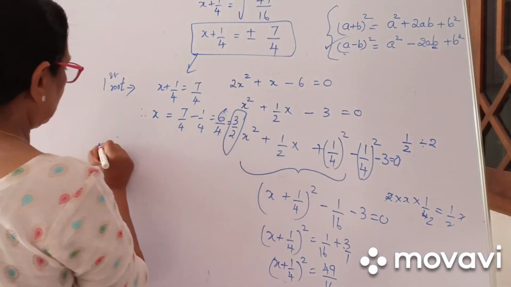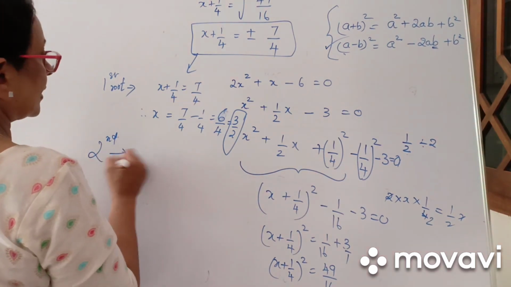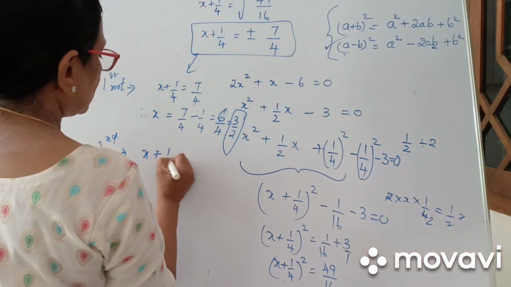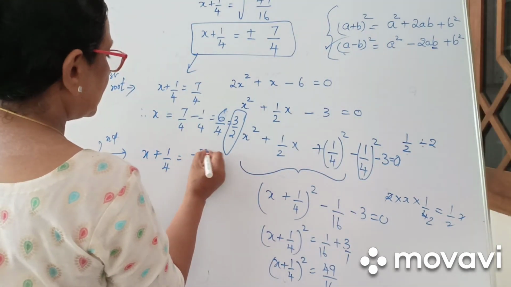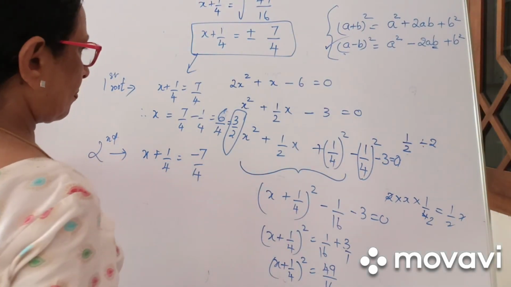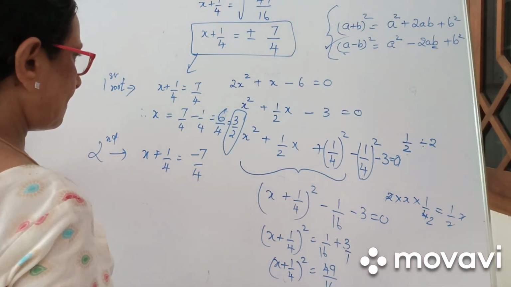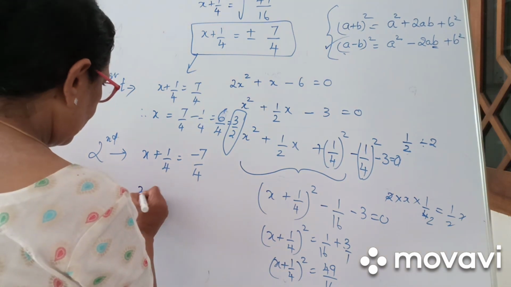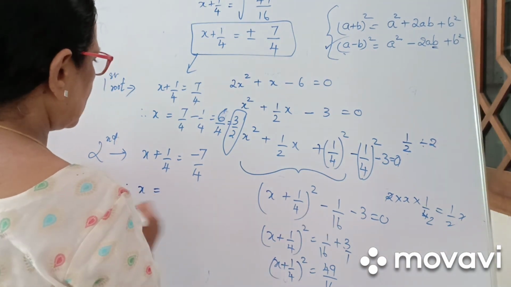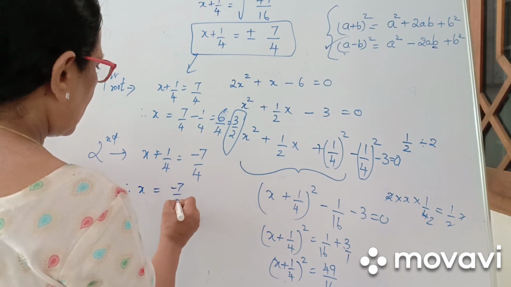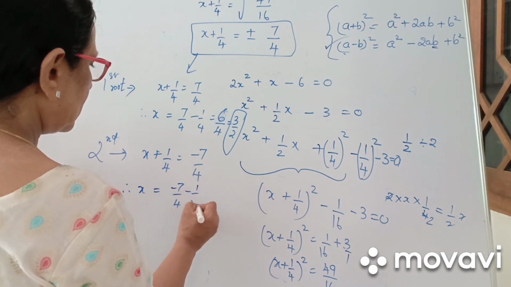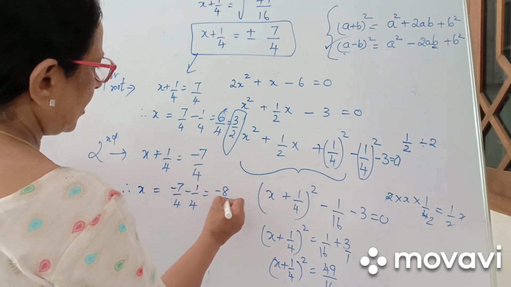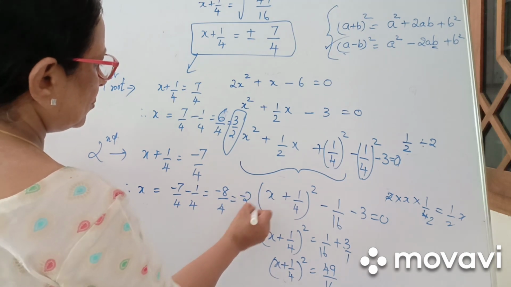Okay? Second root will be x plus 1 by 4 equal to negative 7 by 4. Did I make any mistake? No. So, therefore x is equal to ഇത് അങ്ങോട്ട് കൊണ്ടുപോകുമ്പോൾ അത് നെഗറ്റീവ് ആവും. So that is negative 8 by 4, which is equal to negative 2.